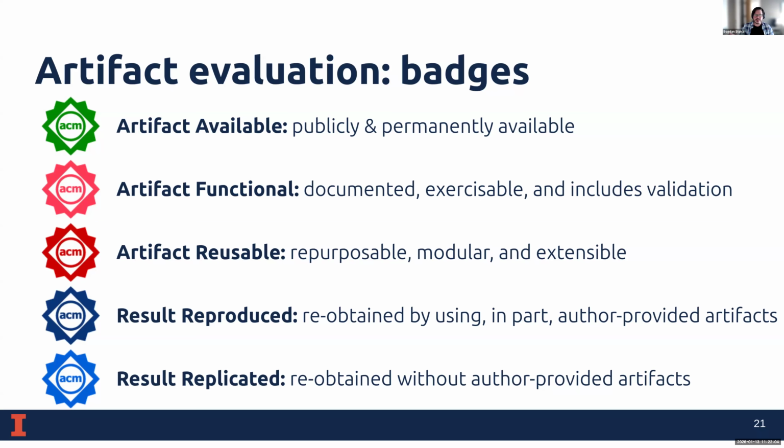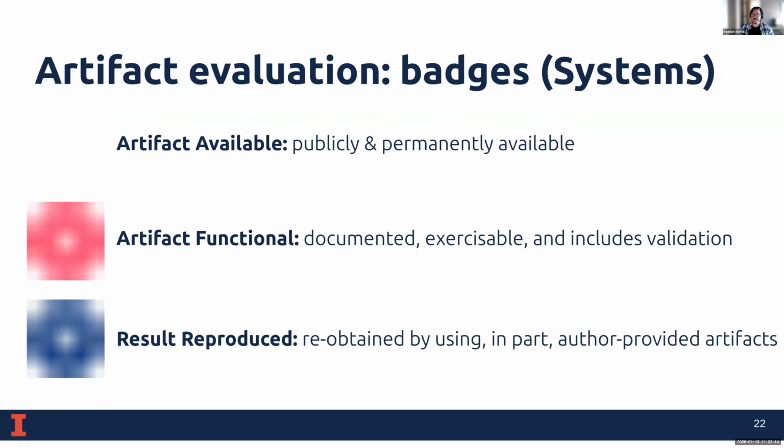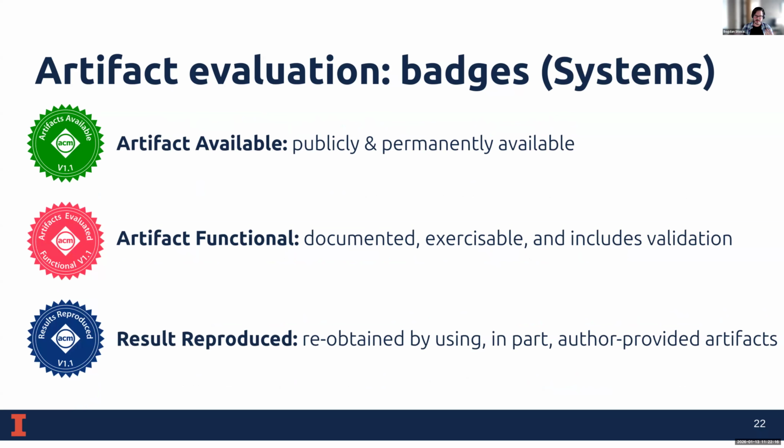Some conferences award up to 5 badges. Some conferences award just a subset. Today I'm going to talk only about systems conferences, because that's what I'm familiar with, and that's where I join most of the artifact evaluation committees. For systems, things are a little bit more simplified.